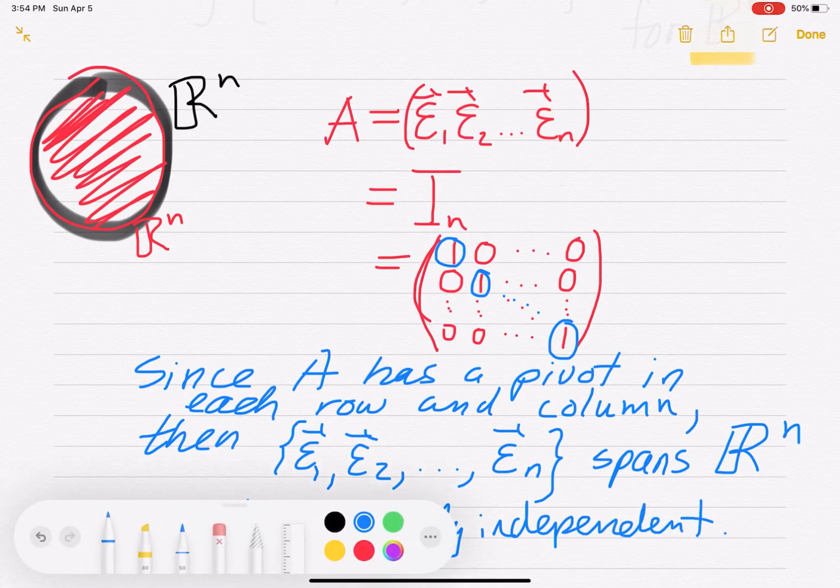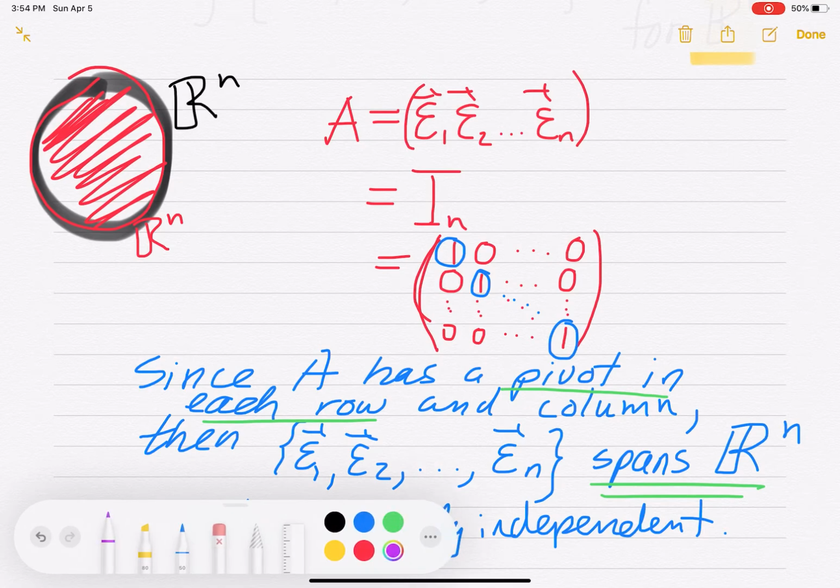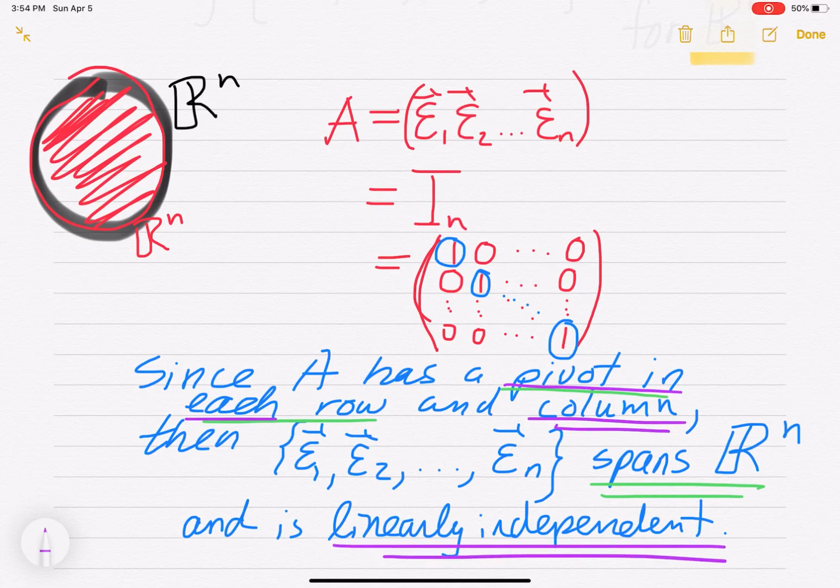So the fact that you have a pivot in each row tells you that it spans Rn, and the fact that you have a pivot in each column tells you the set is linearly independent.